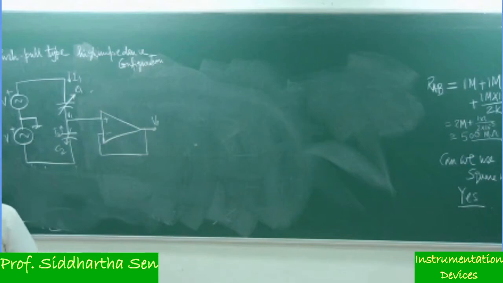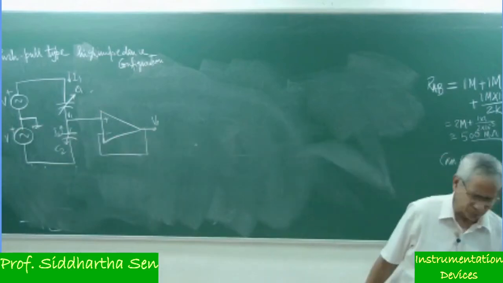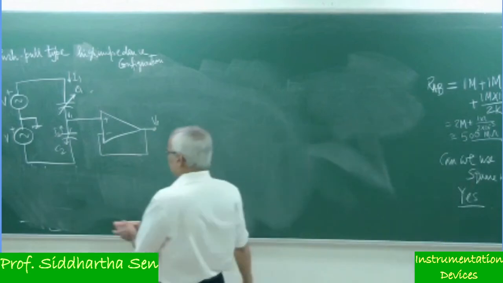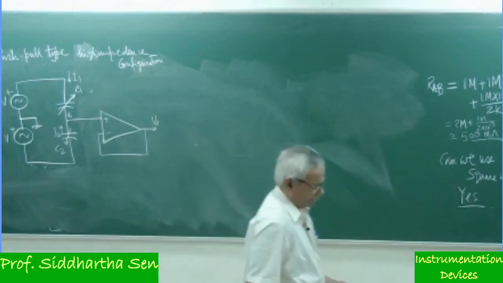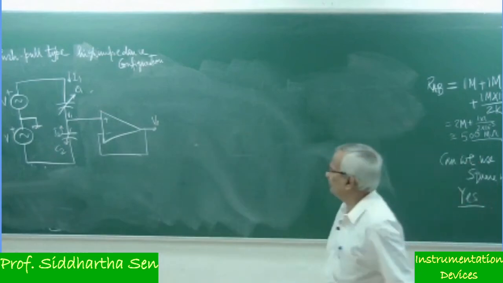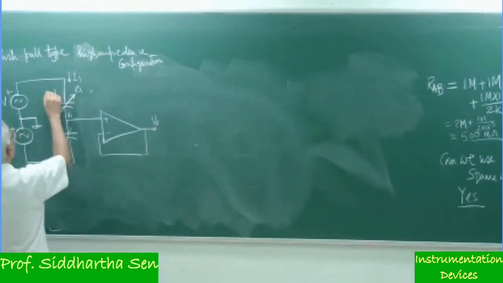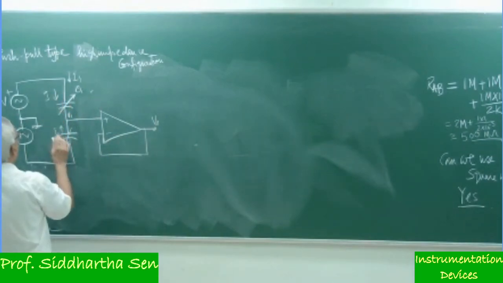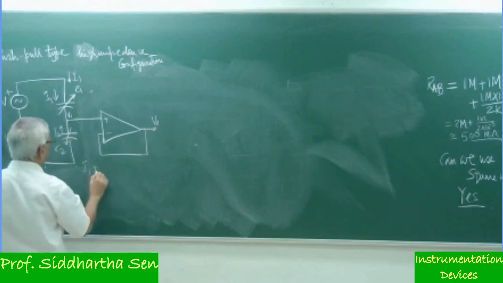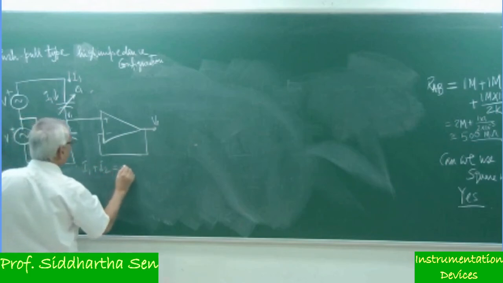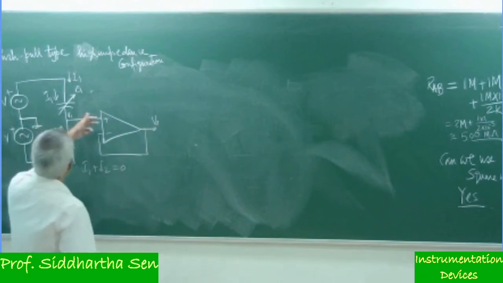But the point is, what is the value of V0? How does V0 relate to the input? In this case, I can say this is a current I1 and I2, so I1 plus I2 equal to 0, because no current is flowing there.